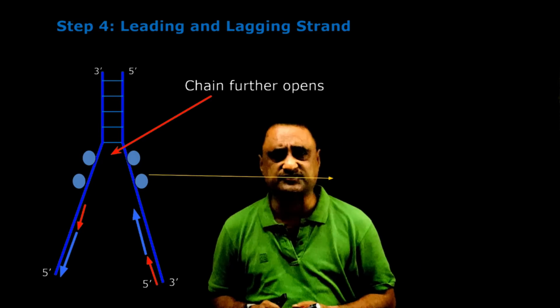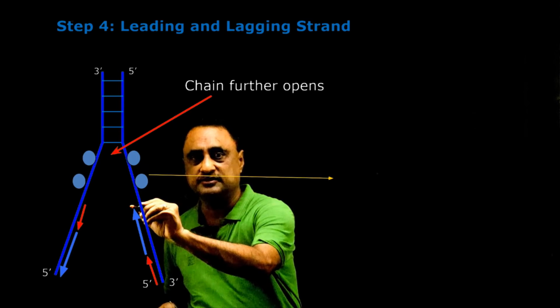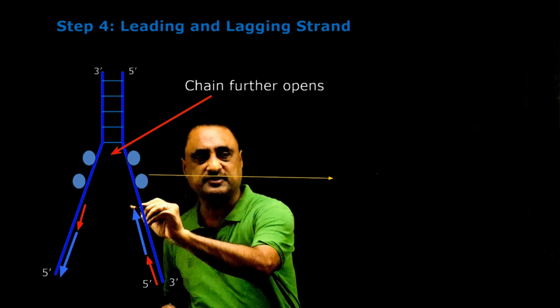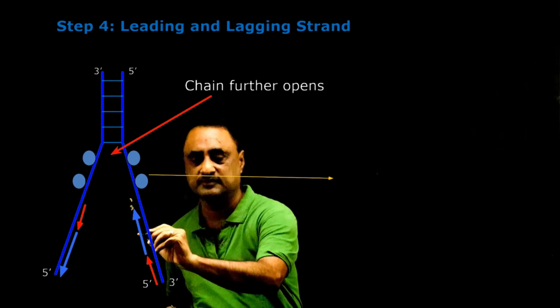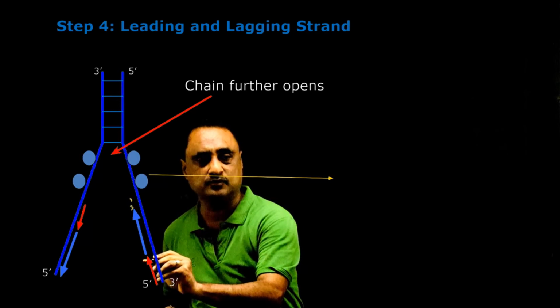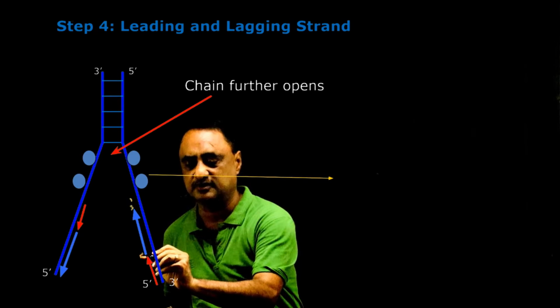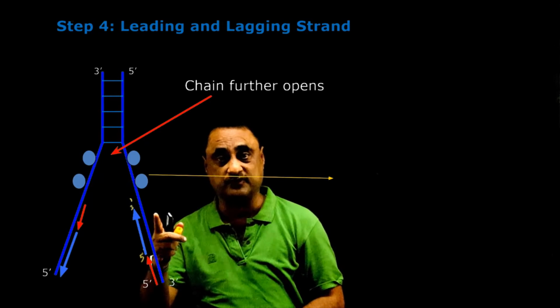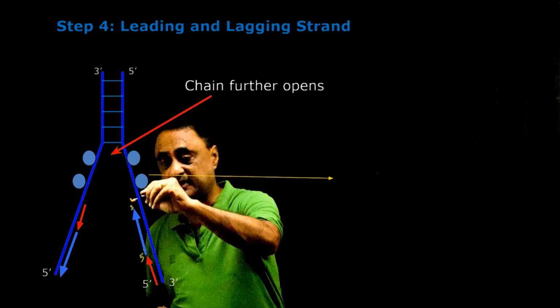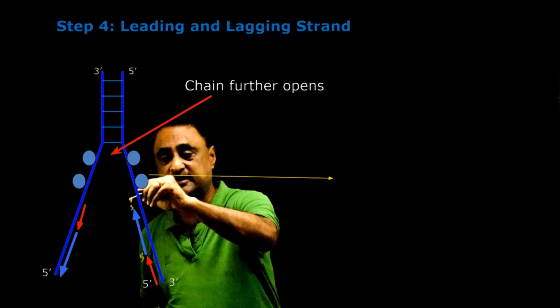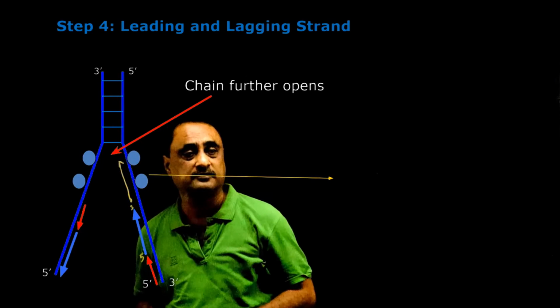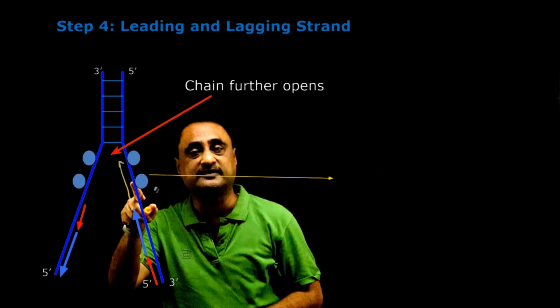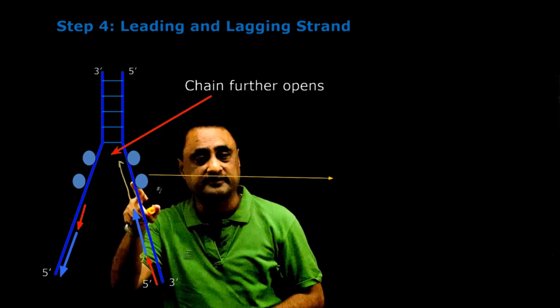Let's try to understand it. You see, this is the 3' structure, right? And here this is a 5' structure, okay? We know very well synthesis is going to occur from 5' to 3'. So from here, we can say it can grow easily, right? So this particular strand, we will call a leading strand.